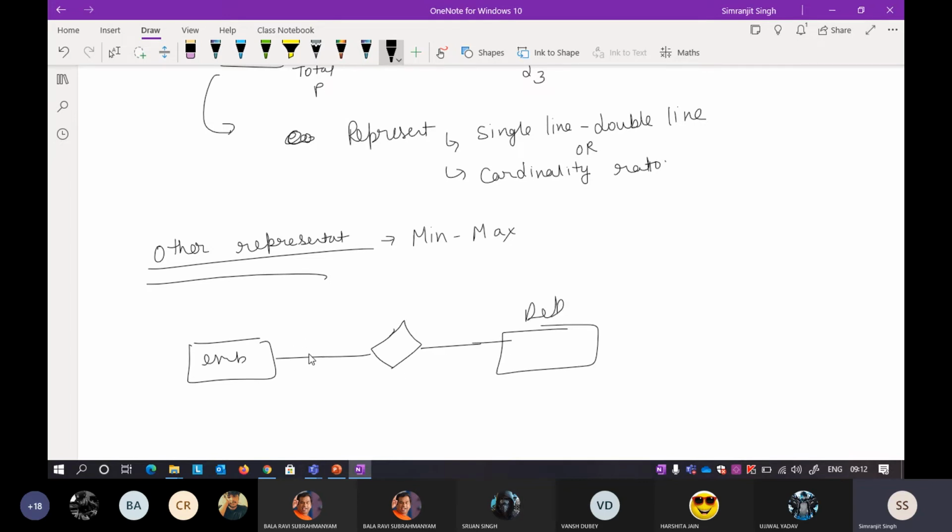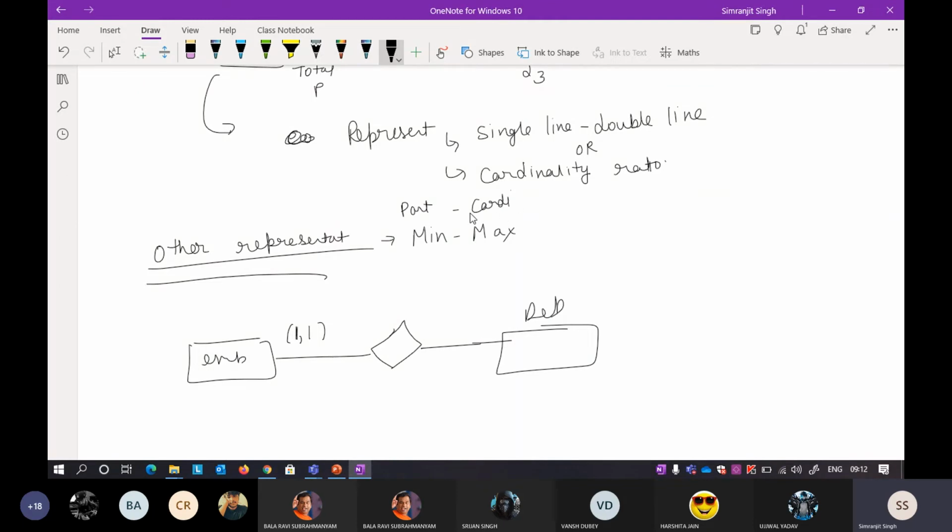Then you write the minimum number of relationships in which an employee is participating. Every employee is participating in exactly one relationship, that is works for, so the minimum is 1. What is the maximum? It's also 1. It is just like participation and cardinality.